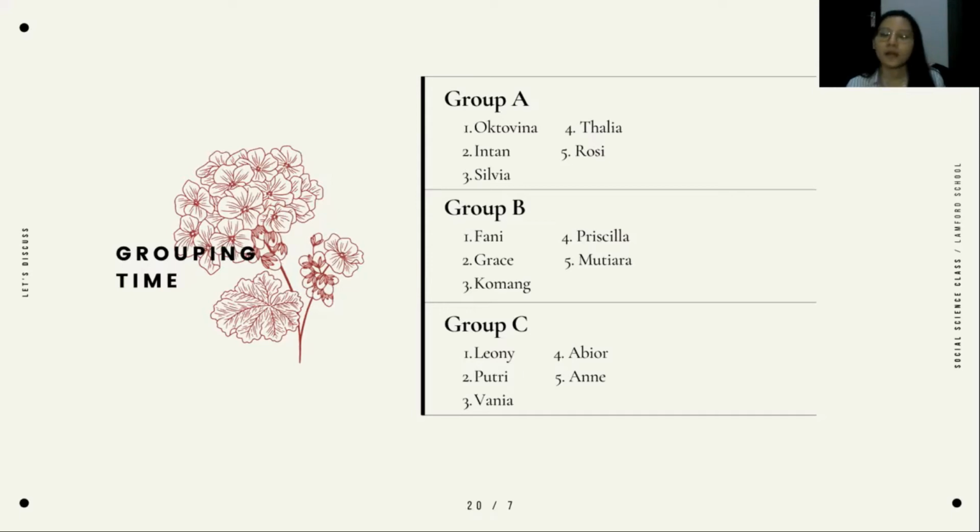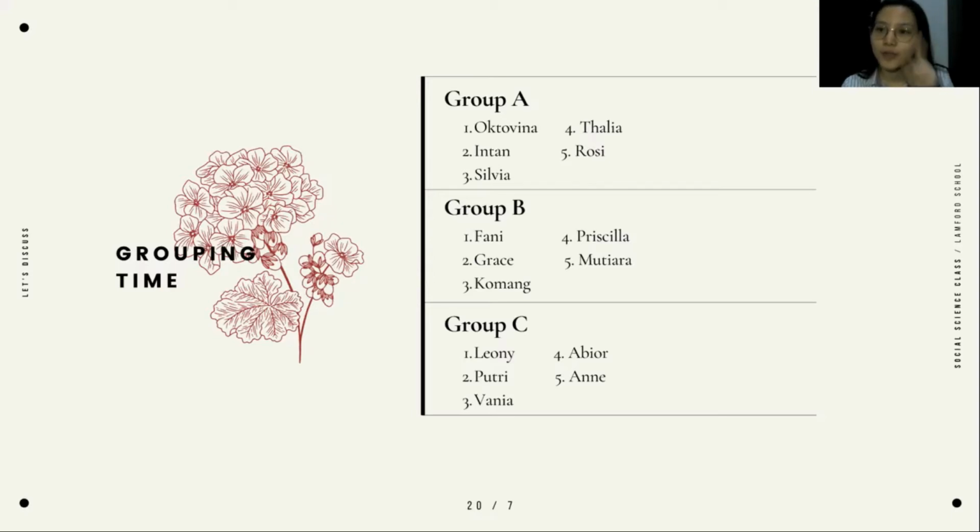Okay. All right. So I see that you have all sat together with your group members. So please remember which group you belong to. And then in this slide, you can see that there's a number right next to your name, right? Okay, so that number indicates which student you are. So for example, Octo, you have number 1 next to your name.